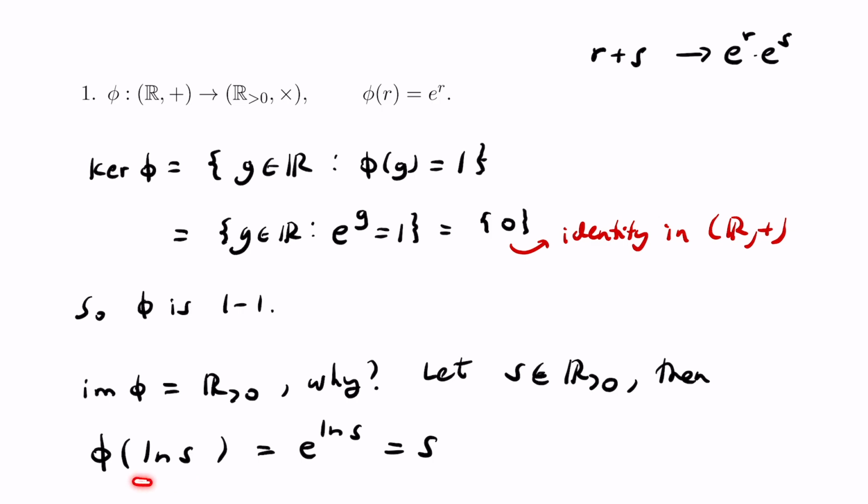This number ln of s actually is in our domain space. So since s was arbitrary, we were able to find a number that maps to it. We get that the image of phi is all the positive reals. So if we let s be a random positive real number, then phi of ln of s is s.